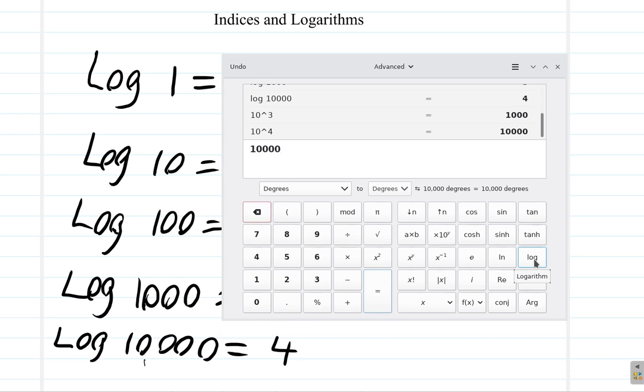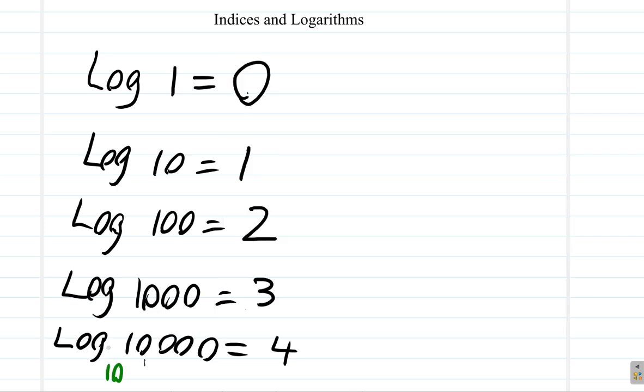Now, there is something having to do with 10 when it comes to this log business. These logarithms are logarithms with a base of 10. So let me write down the base. The base is 10. All of these logs are log with a base of 10.